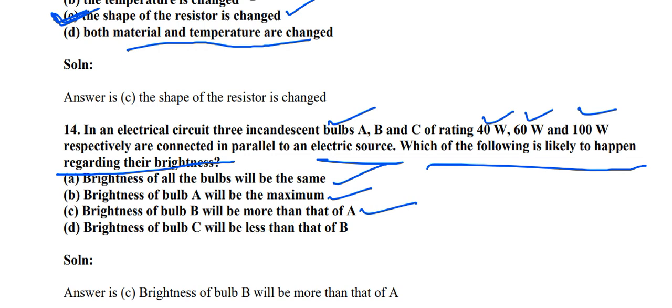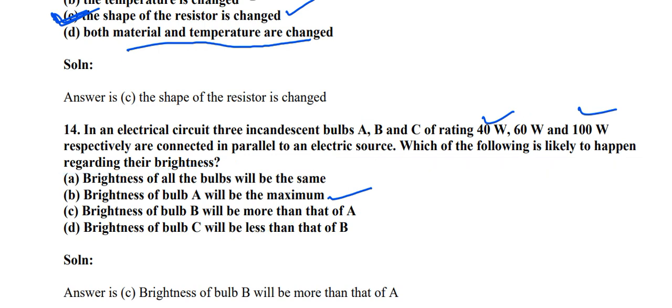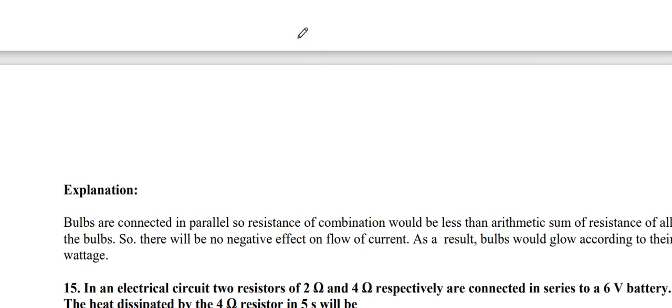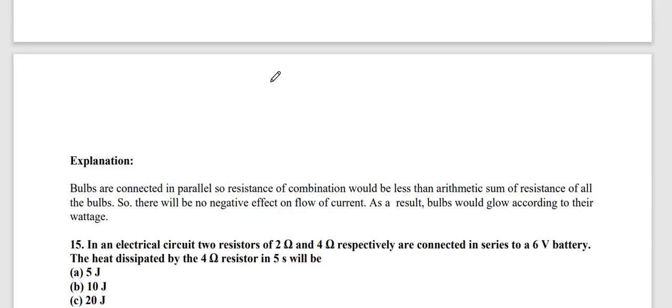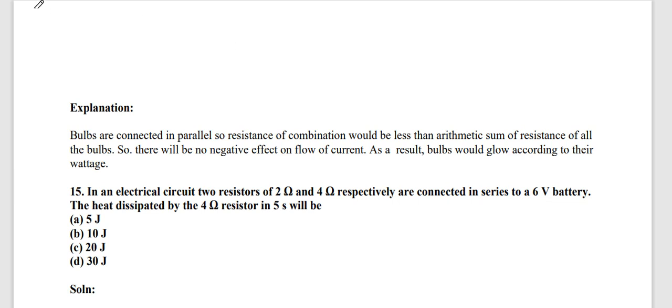You see, we go through the option B or C. So we go through the option C. Brightness of bulb B will be more than that of A. How? You can see, bulbs are connected in parallel. So resistance of combination would be less than the arithmetic sum of resistance of all the bulbs.